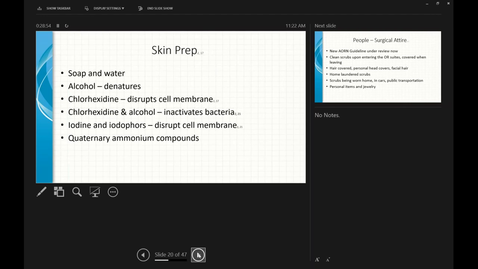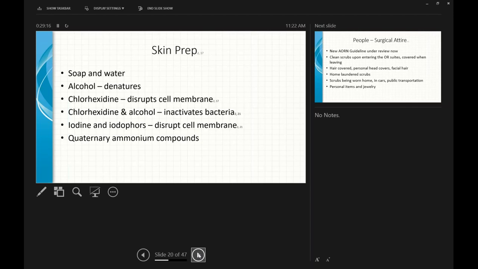So skin preps, this is a big one. Soap and water is okay. It does clean the skin. It takes off contamination. Alcohol denatures a microorganism. It shrivels it right up, takes the fluid out of it.